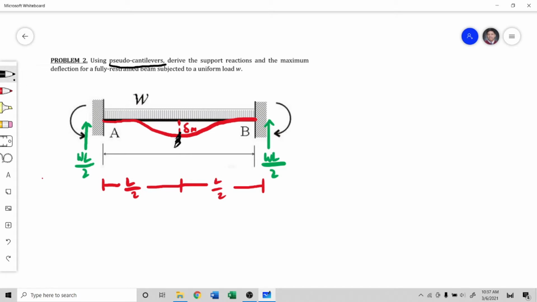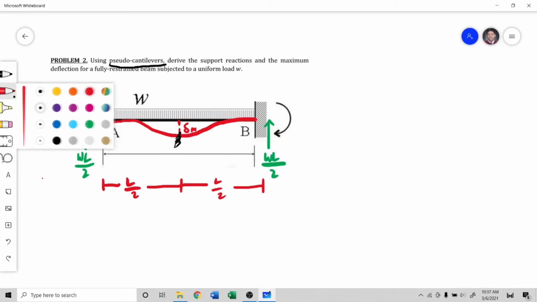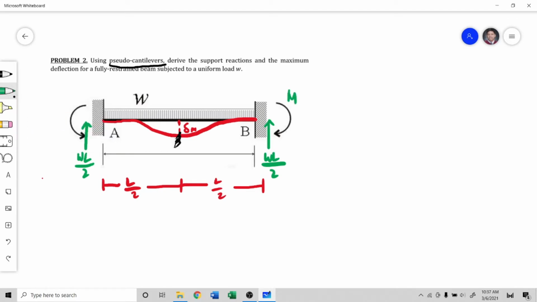So, ilet lang natin itong ating moment reactions to be M. Equal lang yan both sides. So, pwede nating i-isolate, subukan nating i-isolate yung isa nating pseudo-cantilever section.